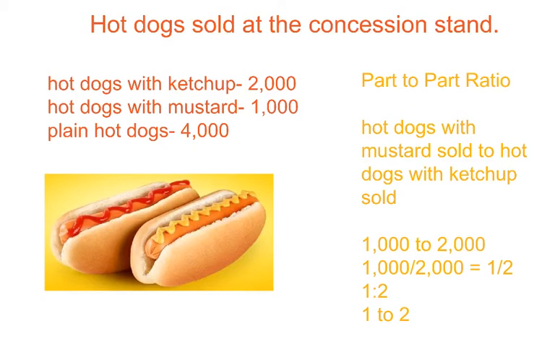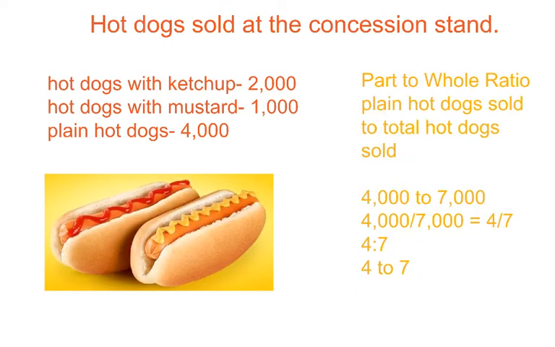The ratio would be 1,000 to 2,000, but notice this ratio can be simplified because 1,000 and 2,000 have the greatest common factor of 1,000. So the simplified ratio is 1 to 2. This tells us for every 1 hot dog sold with mustard, 2 were sold with ketchup.